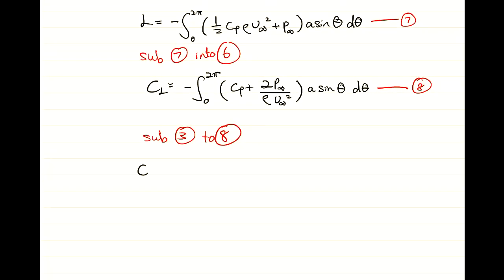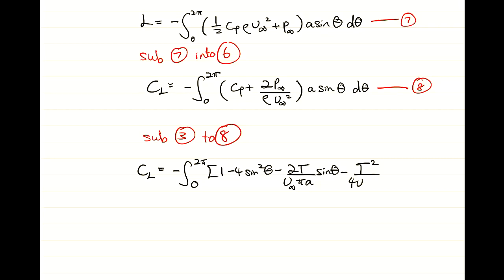So CL is now going to be equal to negative integral from 0 to 2 pi of 1 minus 4 sine squared theta minus 2 gamma over u infinity pi a sine theta minus gamma squared over 4 u infinity squared pi squared a squared.